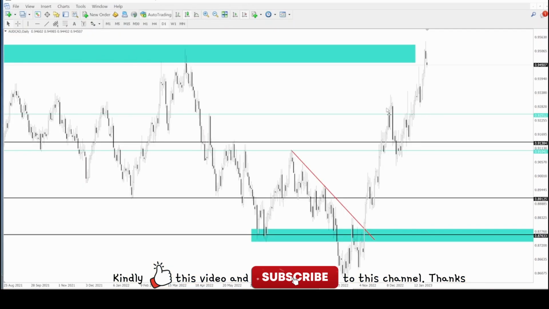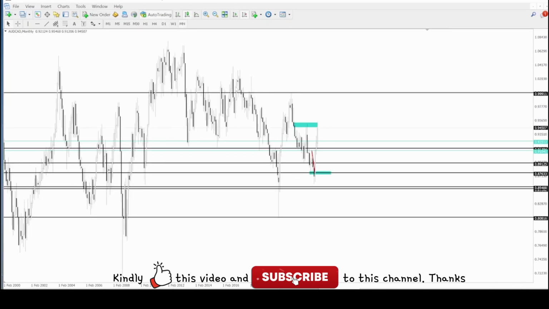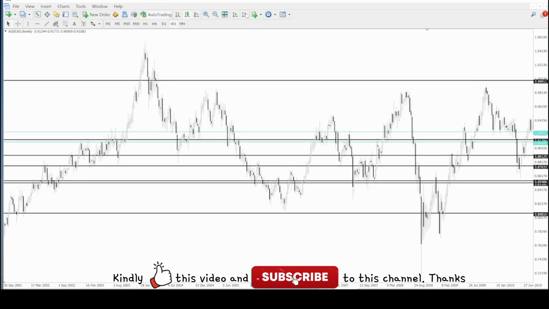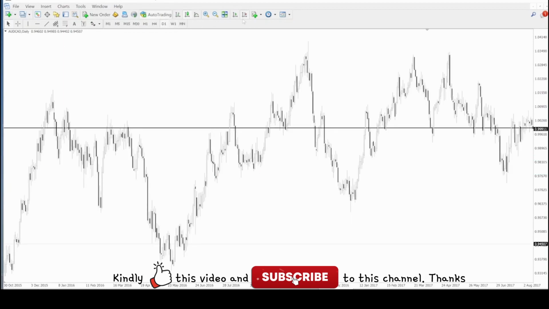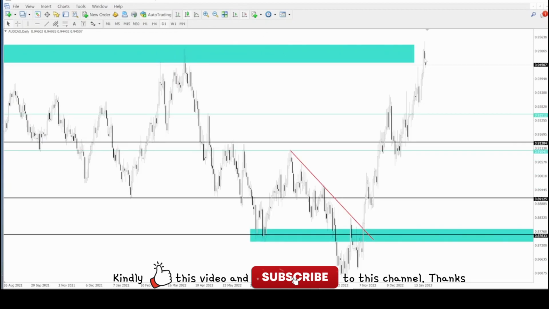Yeah, so AUDCAD. What's AUDCAD telling us? This is somewhat a range. Yeah, it is a range actually. The market is in a range, still respecting these supports and these supply and demand zones. But what do we do to make profits from this?